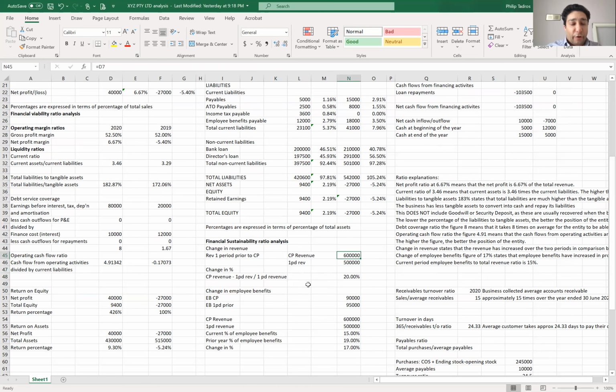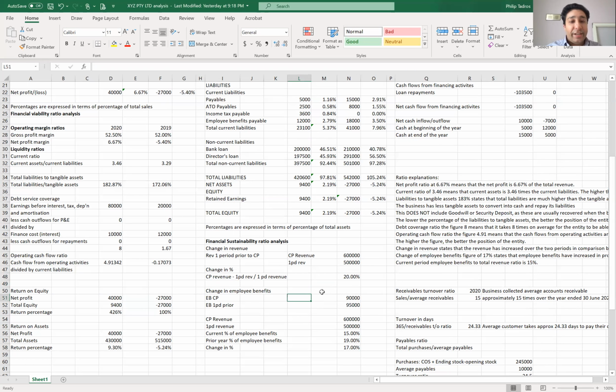So in this case, current year revenue is $600,000, prior year revenue $500,000. So the change is 100,000. You divide that by 500,000. So the overall change in revenue is 20%. So this tells us that the revenue has increased over 2 periods in comparison by an average of 20%.